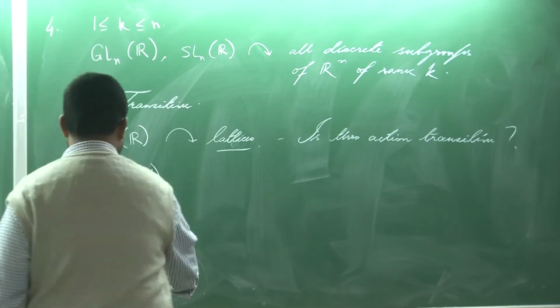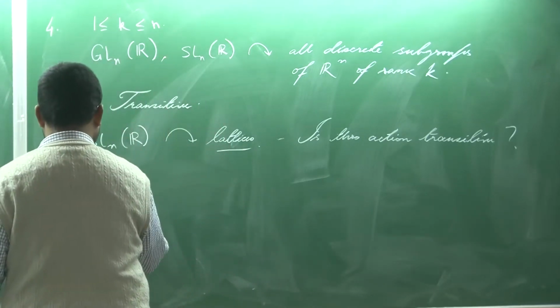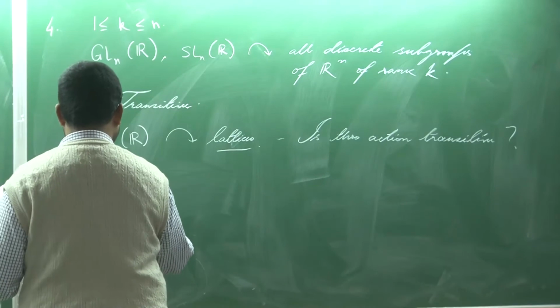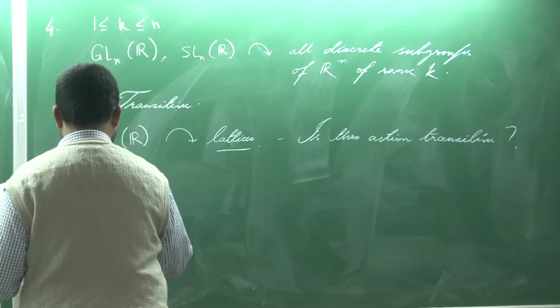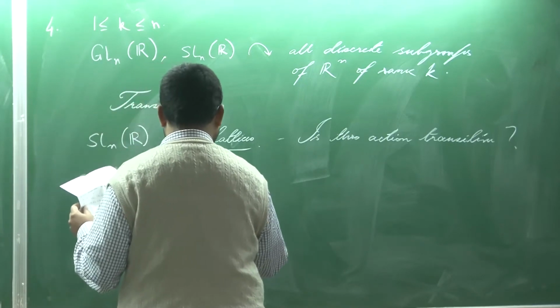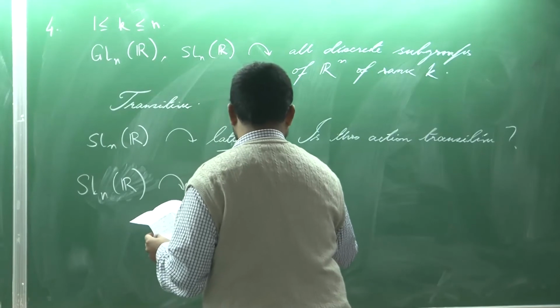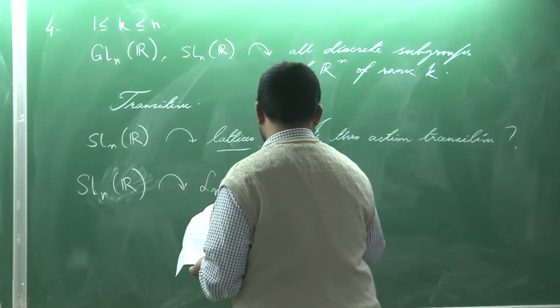So what we can do is consider the following subaction, the action of SLnR on Ln. What is Ln? Ln is the set of unimodular lattices, the lattices with covolume 1.